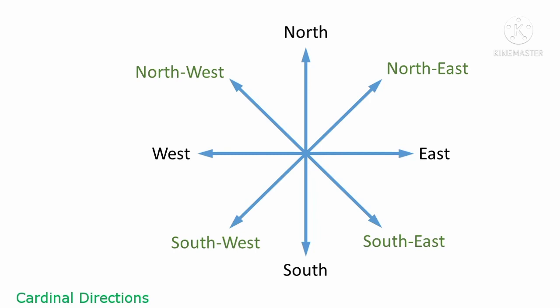The area between north and west is termed northwest, the area between south and west is called southwest, the area between north and east is northeast, and the area between south and east is southeast. These are the cardinal directions which we use in maps. Generally the north direction is shown by pointing the arrow upwards. Based upon that, we will know or say the other sides of a map.